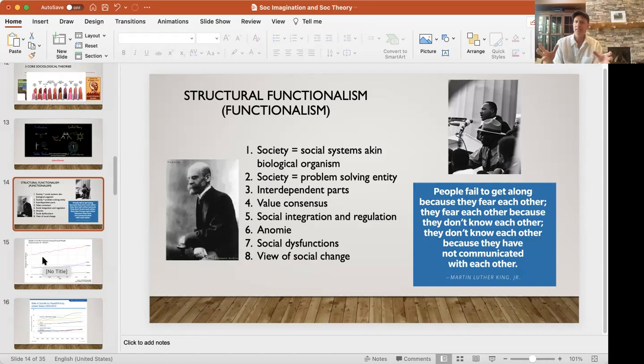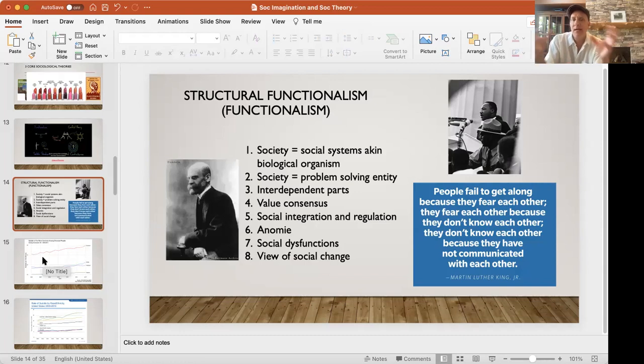Anomie is normlessness. When society is changing fairly rapidly, it creates anomie, a state of normlessness. COVID, right? From March 2020 to where we're at today, a lot of sudden change, very disruptive, very challenging, created a lot of disorder.